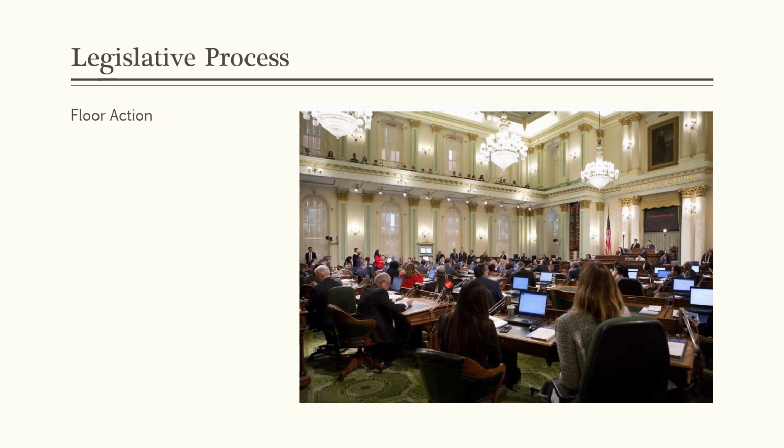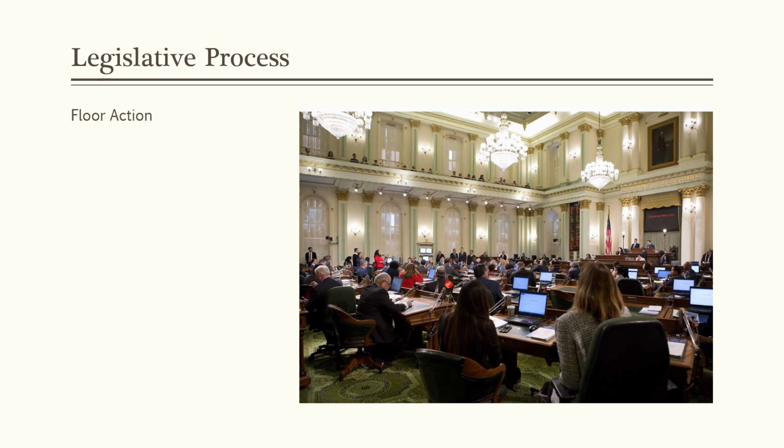If a majority of the committee that's been considering the bill votes to approve the bill, it's called reporting out the bill. And when a bill is reported out, it is sent back to the full chamber for what's called floor action. And floor action is simply when the chamber meets in its entirety to consider bills.